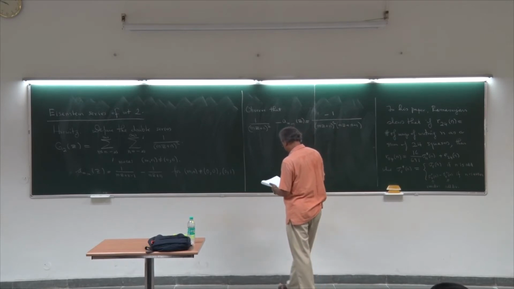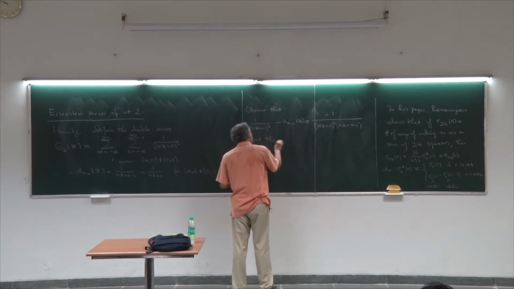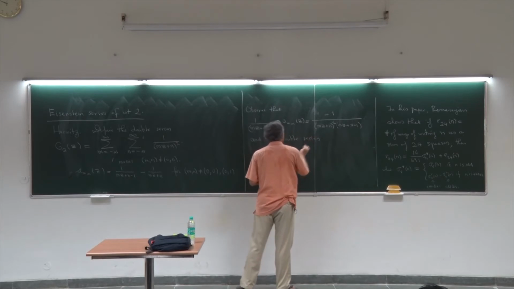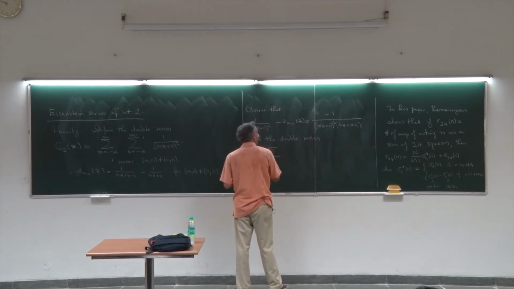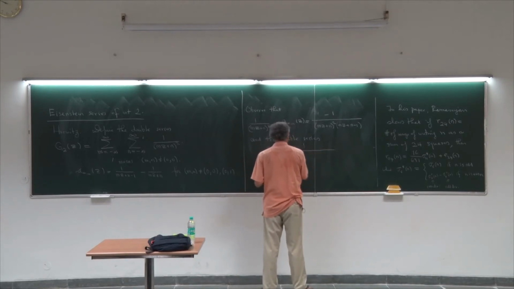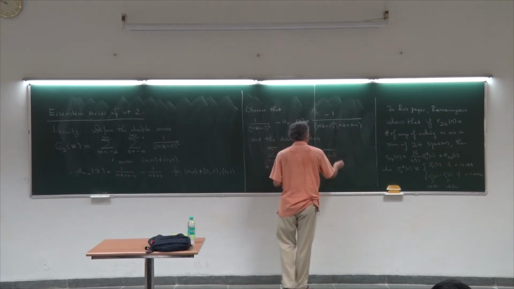So that, and the double series summation of 1 over (mz plus n) squared (mz plus n minus 1) converges.